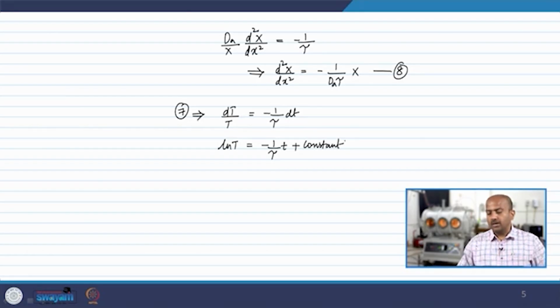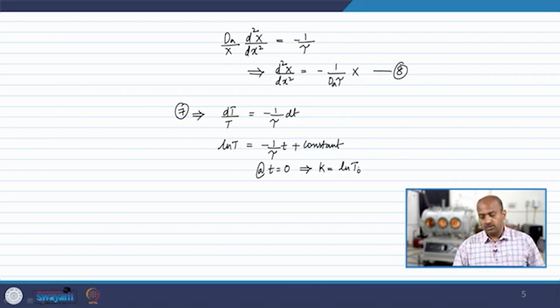How do we get the value of that constant? We can use the boundary conditions, and let us say at t equals 0, this constant k is equal to ln T naught. You put t equals 0, then you will realize the constant is equal to ln T naught.